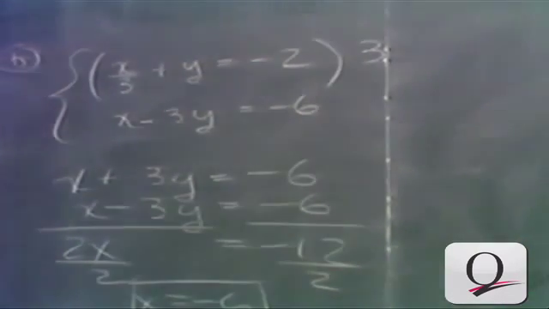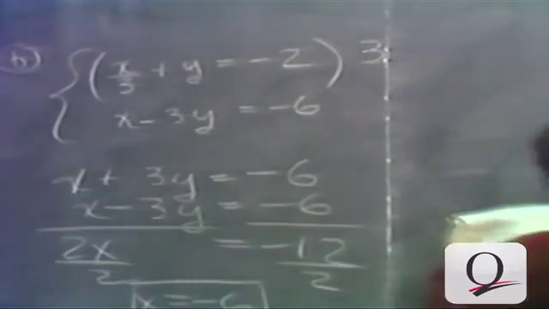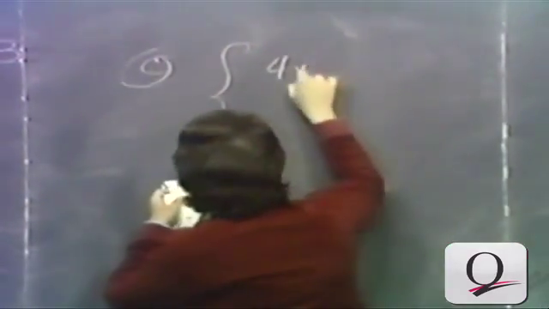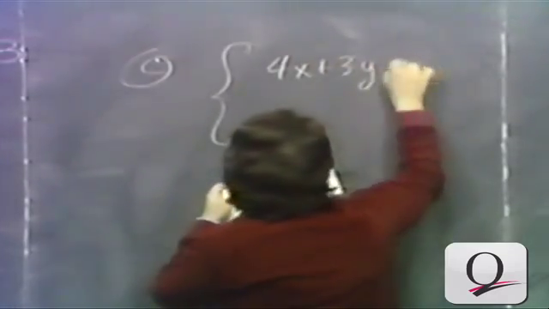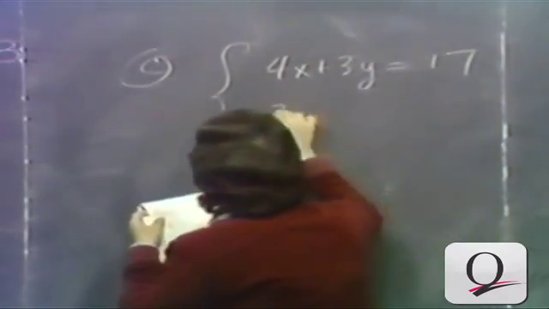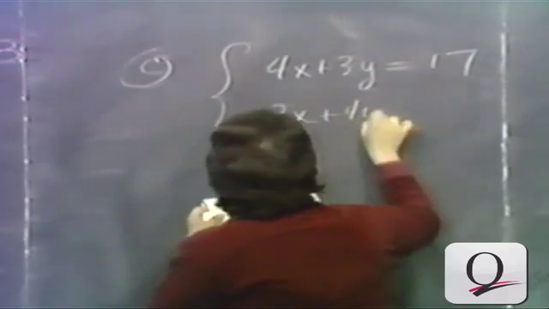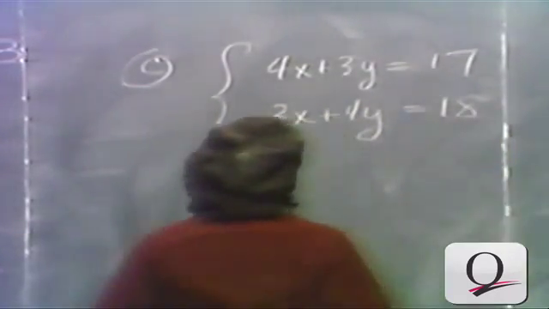And for the last example on this videotape, I'd like to do one more system of linear equations, also involving two variables, two equations and two unknowns. 4x plus 3y equals 17. 3x plus 4y equals 18.